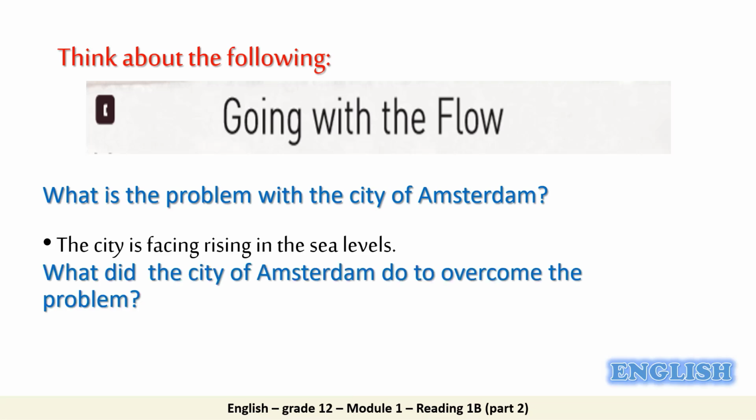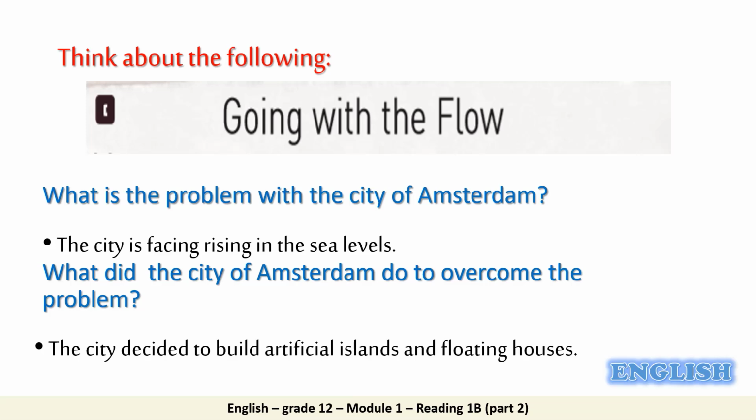What did the city of Amsterdam do to overcome the problem? Good. They began constructing an eco-friendly suburb consisting of artificial islands and floating houses designed to react to changes in sea levels and weather conditions.